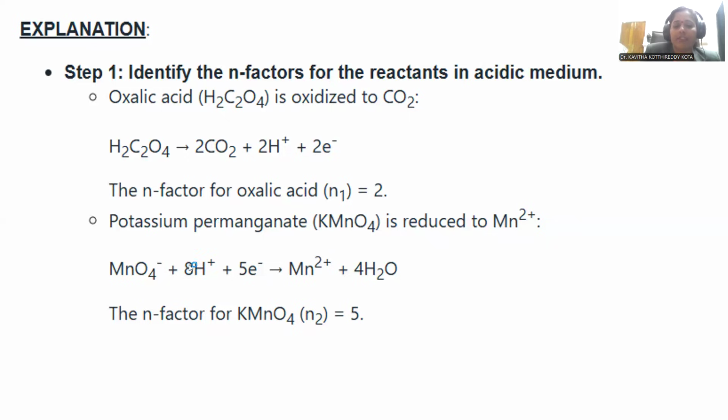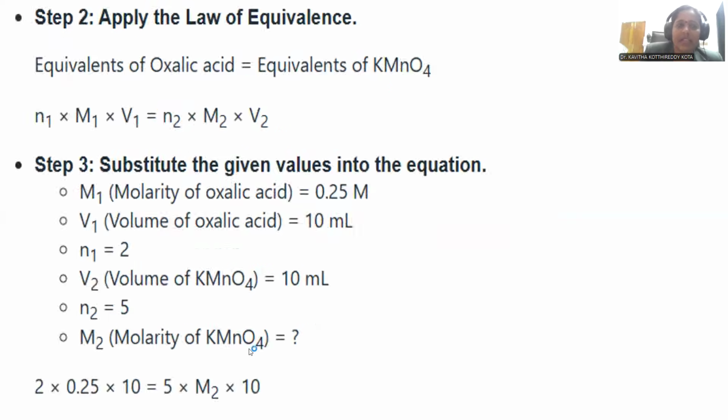So the consumption of electrons is 5, so the N factor for KMnO4 will be 5. This is the way the N factor calculation takes place by means of release or acceptance of electrons by the chemical substance.